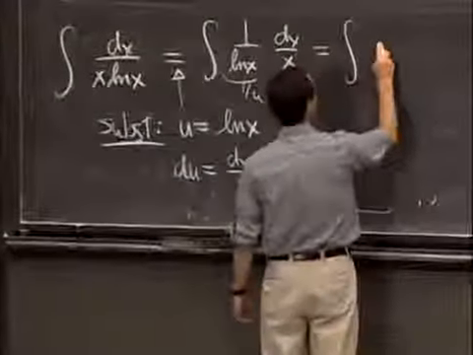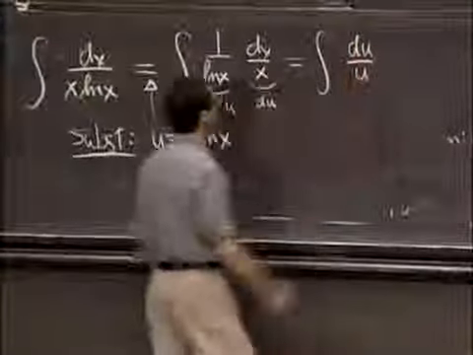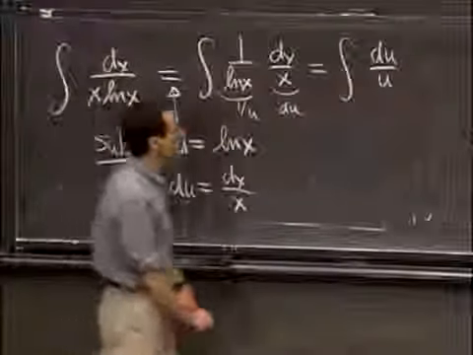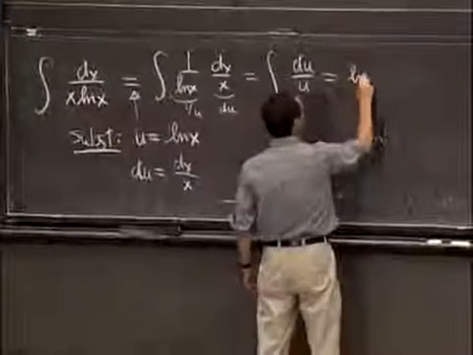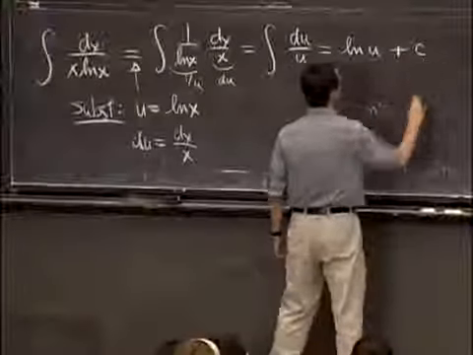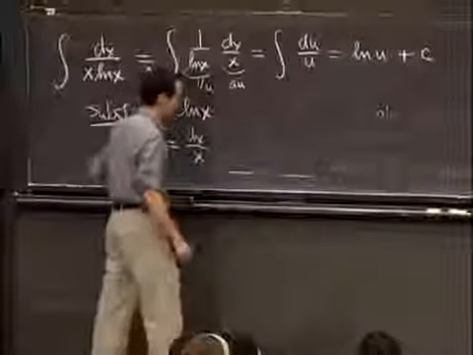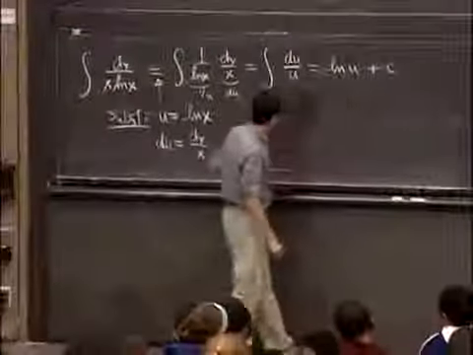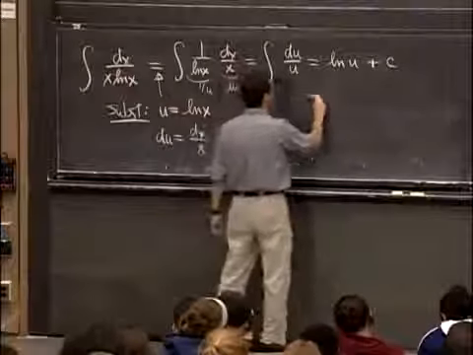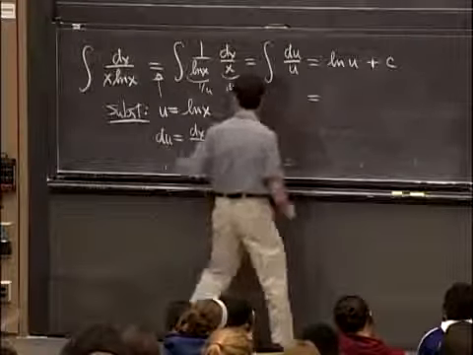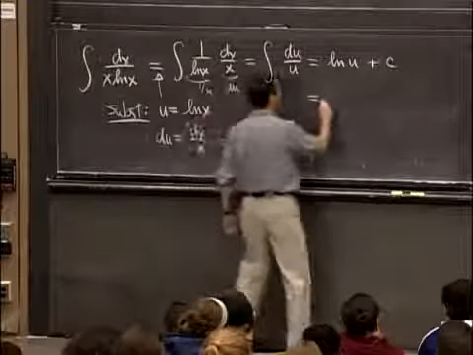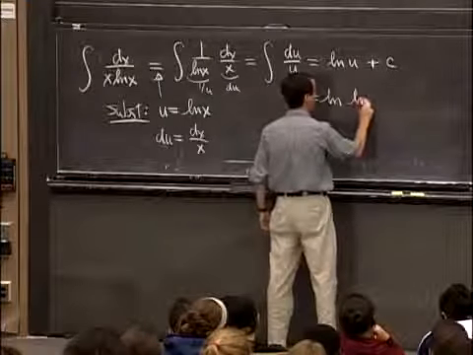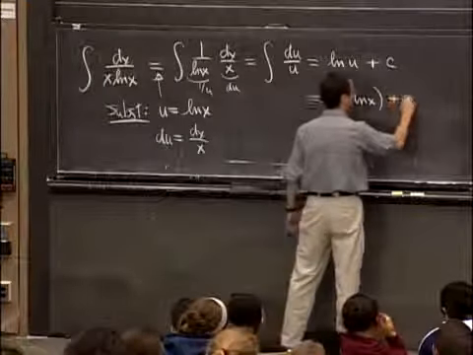So it's the integral of du divided by u. And that is log u plus c. Which altogether, if I put back in what u is, is log x plus c.